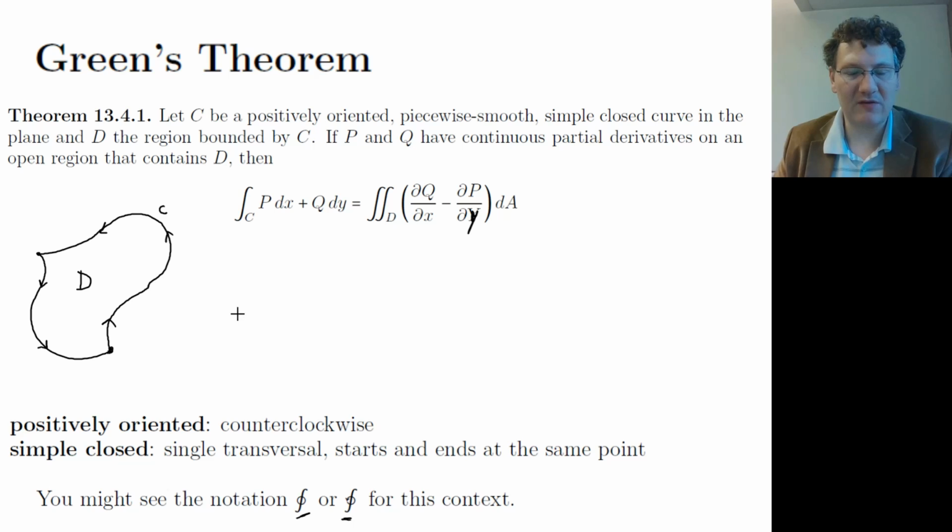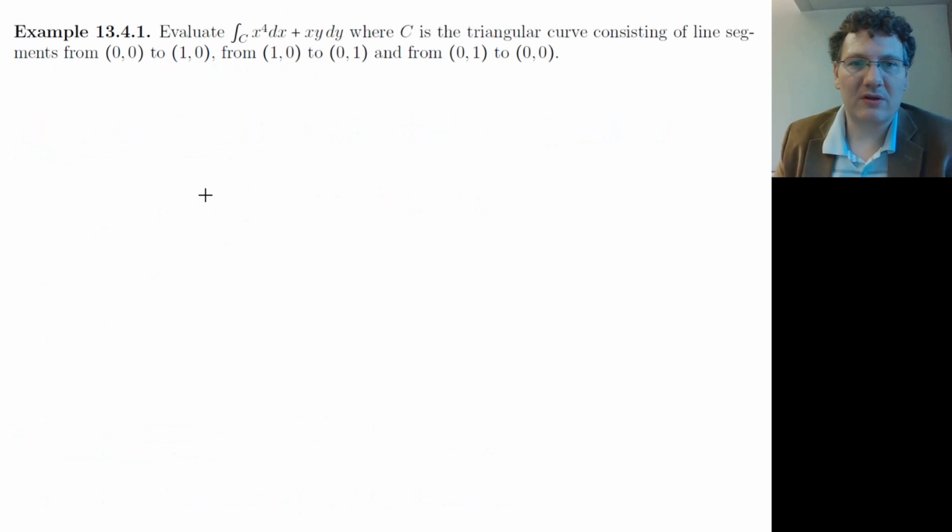So if you need to calculate a double integral, you can sometimes calculate a line integral instead, and vice versa. So here's an example. Let's look at the integral where P is x to the fourth and Q is xy.